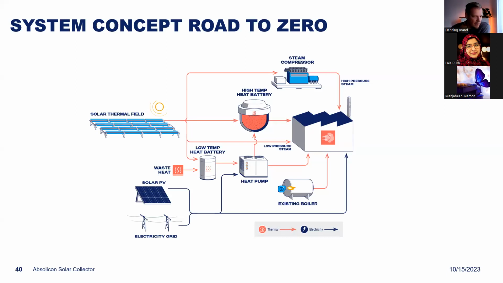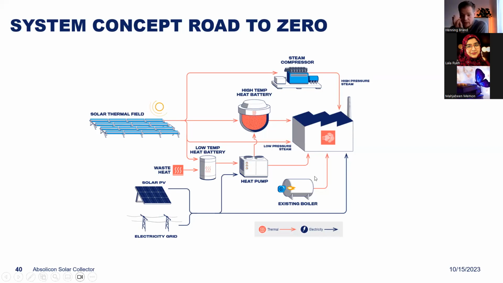I mentioned the other combining technology. So this is one way where you can actually achieve the road to zero carbon heating, where you use the solar thermal. You combine it with those storages that I mentioned. You can combine low pressure and high pressure storage. You add a heat pump to that. The heat pump preferably should be driven with solar PV, and it gets its heat from the low temperature battery.